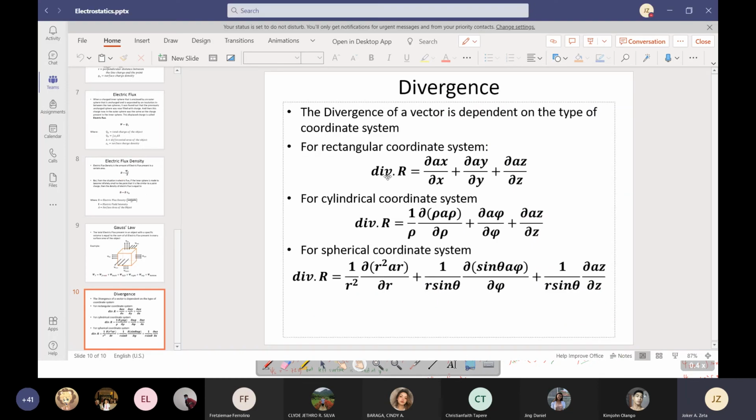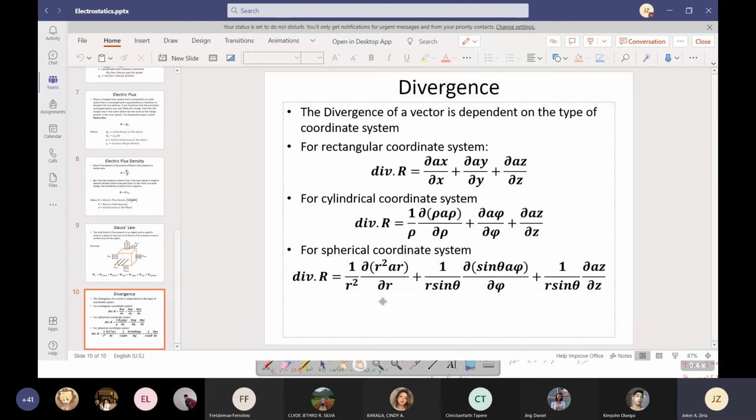So that is determining first the divergence of that certain vector, pero magdepende sa coordinate system. Lain-lain og formula in every coordinate system. Kung rectangular coordinate system ka, this is the formula. Kung cylindrical coordinate system ka, this is the formula: 1 over the radius rho, partial derivative of rho times the rho component with respect to rho, plus partial derivative of the phi component with respect to phi, plus partial derivative of the z component with respect to z.